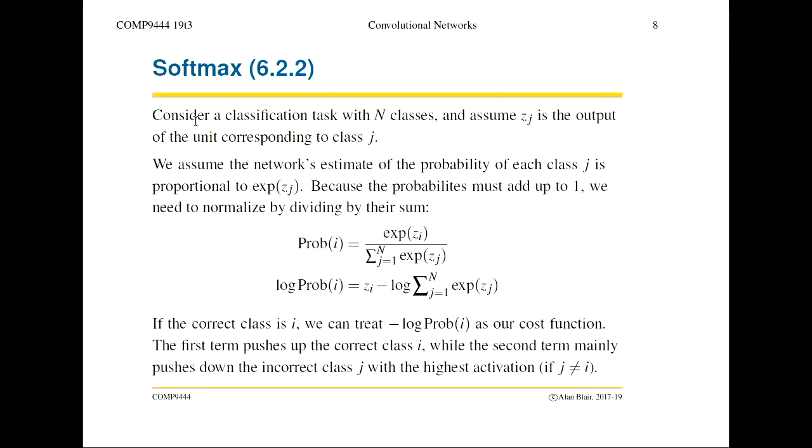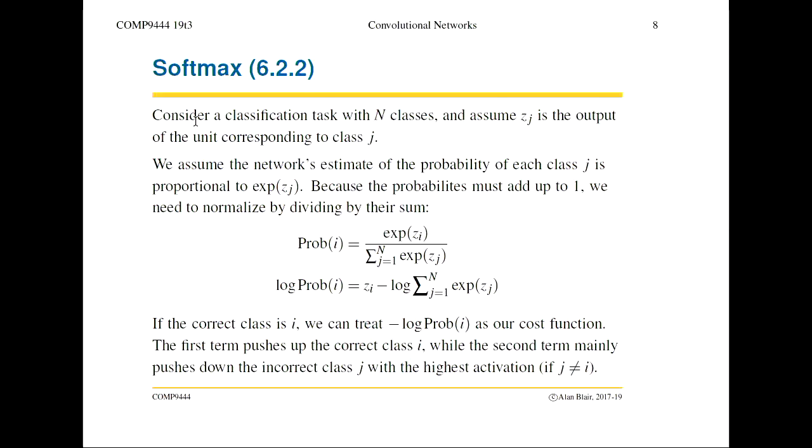And the same way as we were talking about last week, we want to maximize the log of that probability. So the log of e to the zi is zi, and then we subtract off the log of that denominator. So this is something we want to maximize. If we take the negative of this, then we can treat that as something we want to minimize.